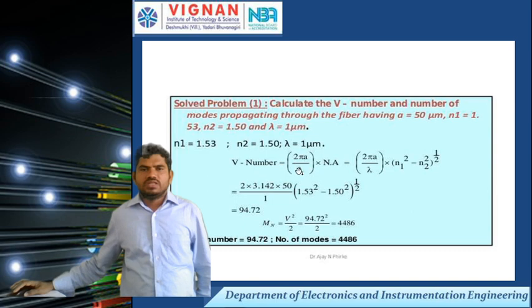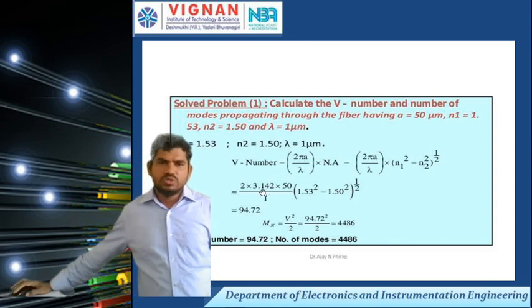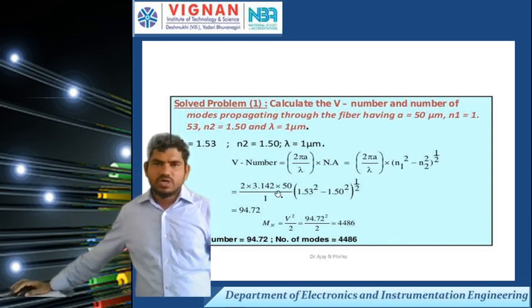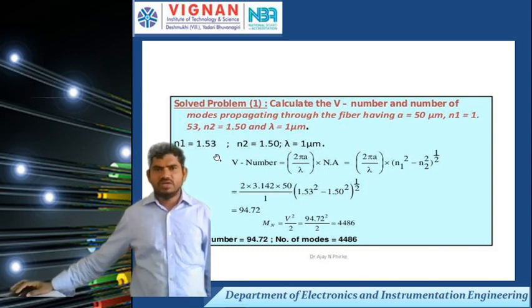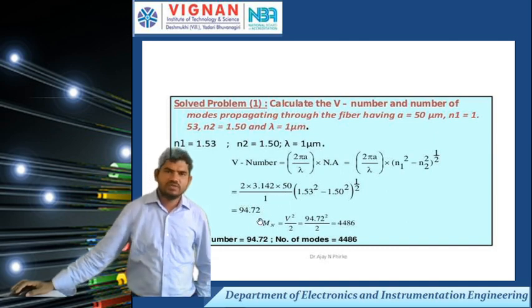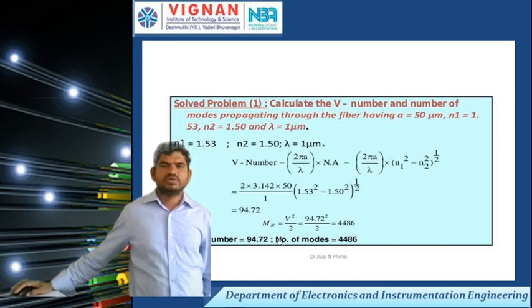Substituting all the values: 2 into 3.142 into 50 by 1, where the lambda value is 1 micrometer, into the square root of 1.53 whole square minus 1.50 whole square. After simplifying, the V value is 94.72.